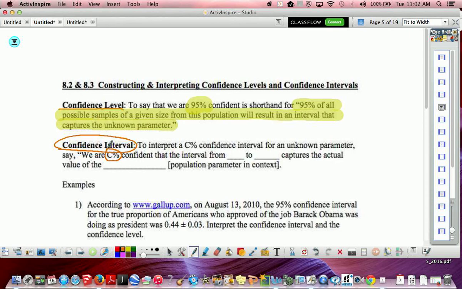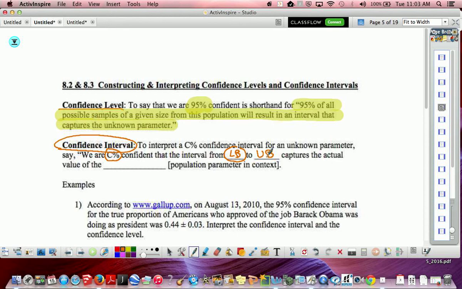It might be 90, it might be 85, whatever the percentage. So we'll say we're 95% confident that the interval from, when you actually find your confidence interval, you'll state the lower bound to your upper bound, captures the actual value of whatever we're trying to find.